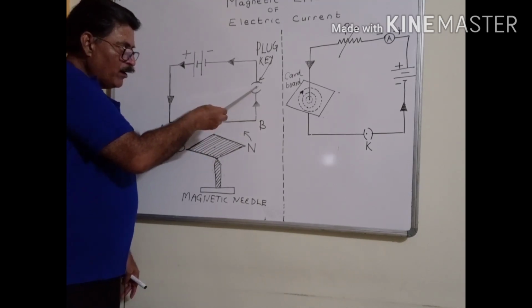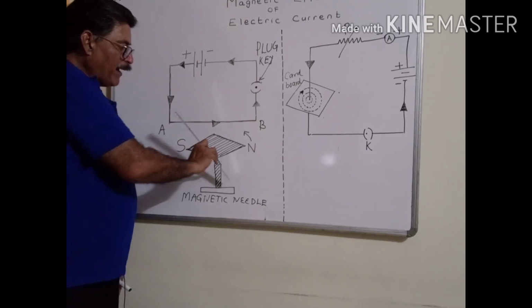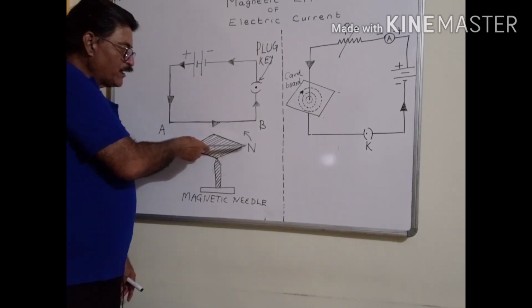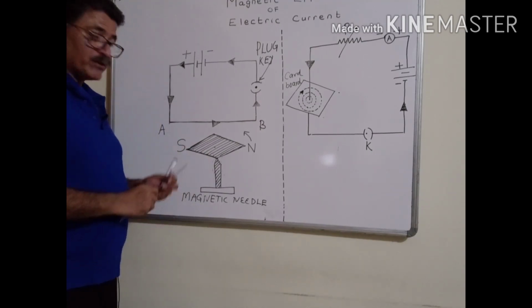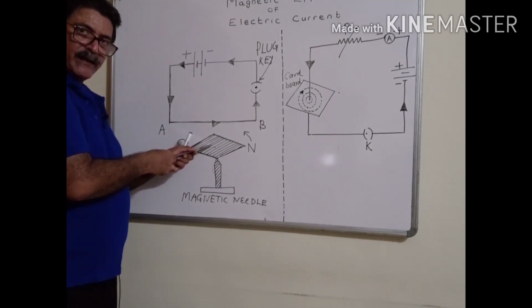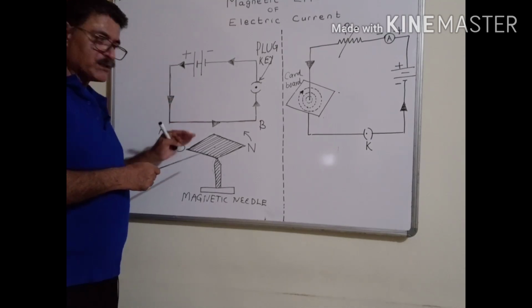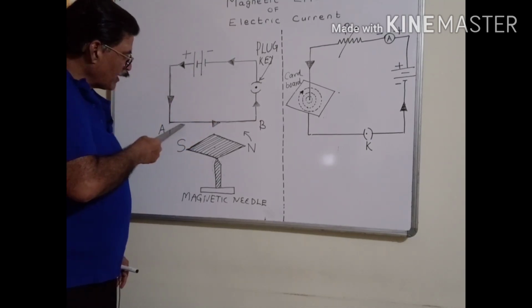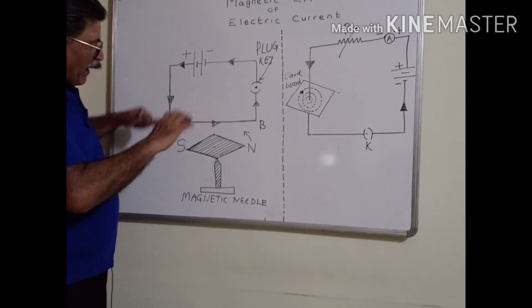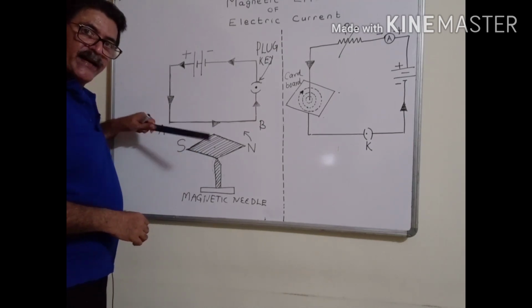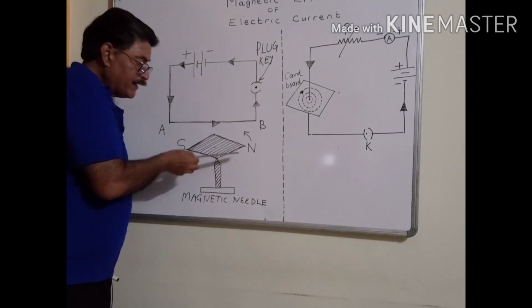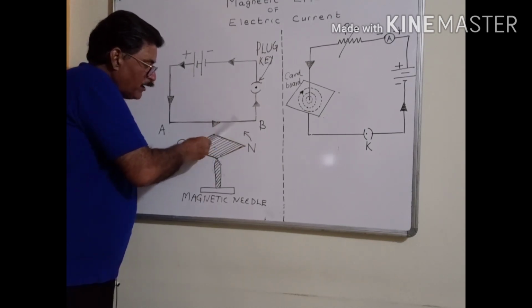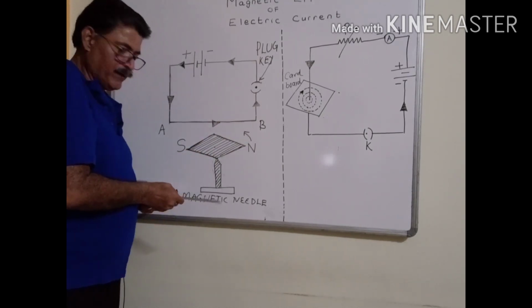When you remove the plug key, the needle comes to its original position because there is no current flowing in the circuit. So this experiment clearly proves that when a current is flowing through a conductor, some magnetic field is generated in the region around the conductor, which is causing the magnetic compass needle to turn in a particular direction, right?